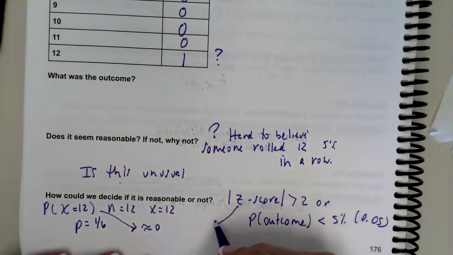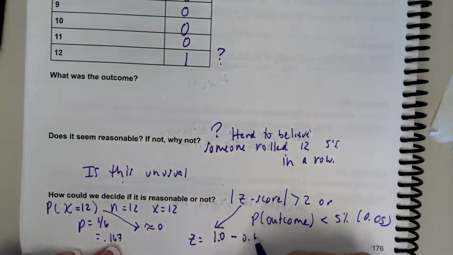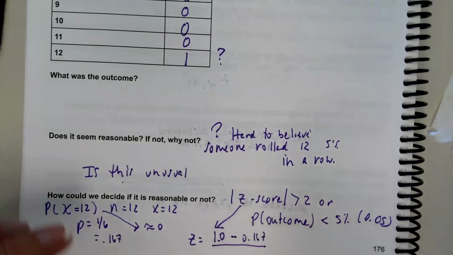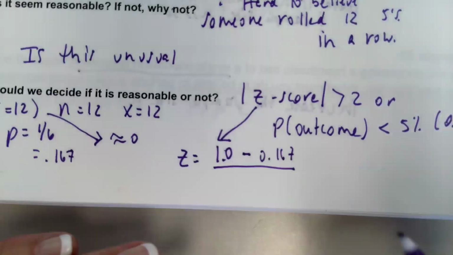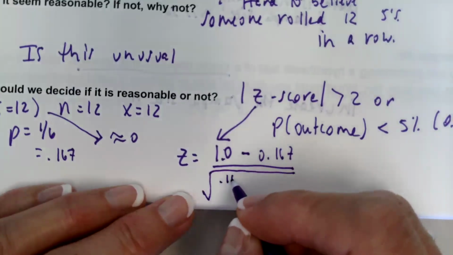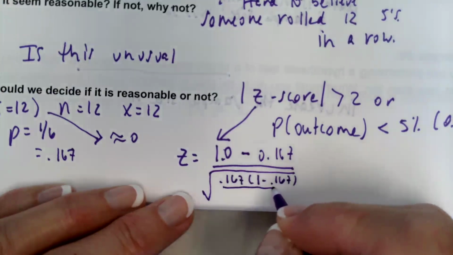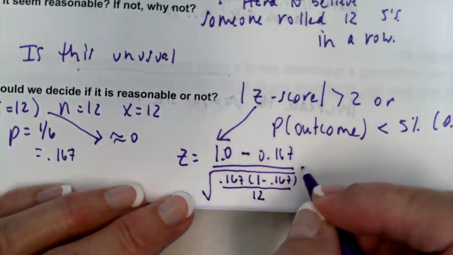And then if we want to look at the z-score, we would be getting 100% of the time, so 1.0, subtracting this 1/6, which is the same as 0.167, or 16.7% of the time, divided by the square root of 0.167 times 1 minus 0.167 divided by 12.